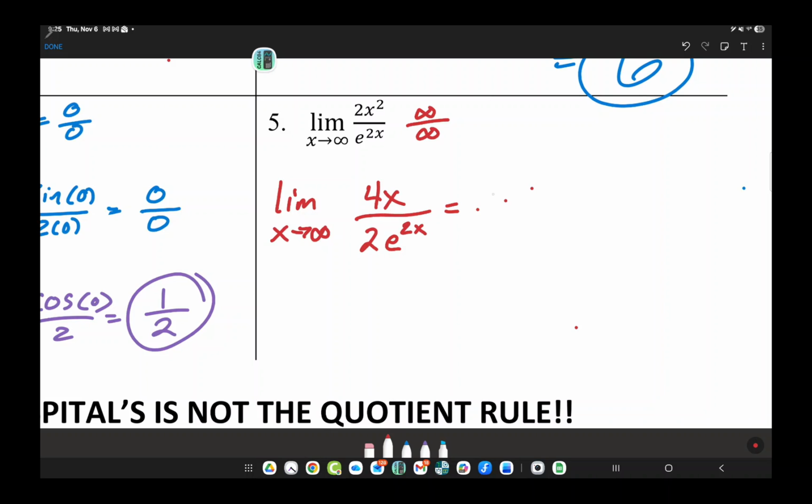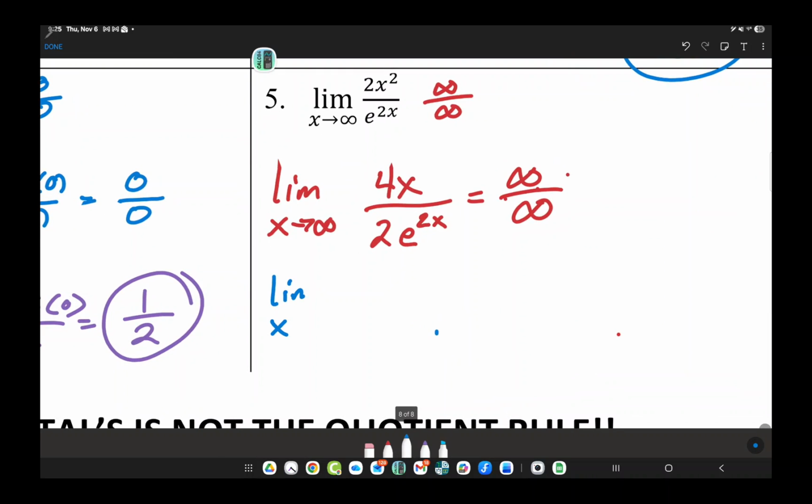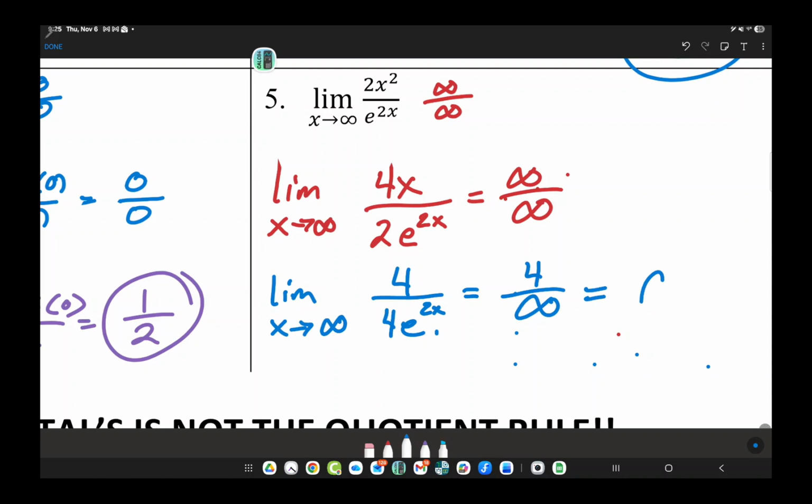And if I plug in infinity, I get infinity over infinity. All right, so we take the derivative again. Limit as x goes to infinity of 4 over 4 e to the 2x, which again, you can reduce if you want, but it makes no difference because when you plug in infinity, you get 4 over infinity, which is 0.